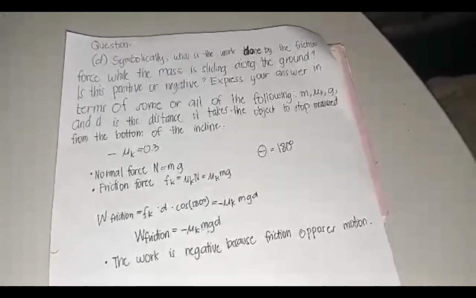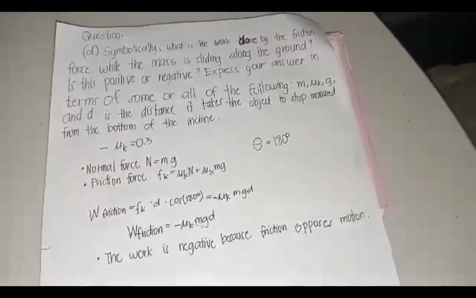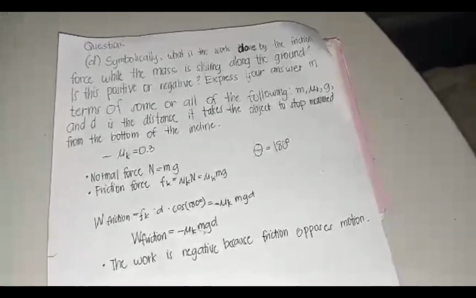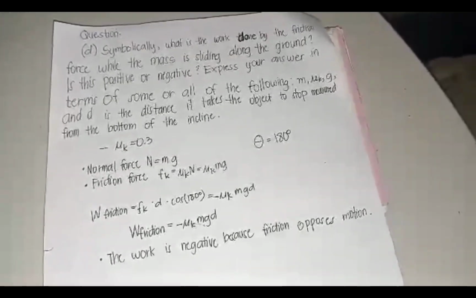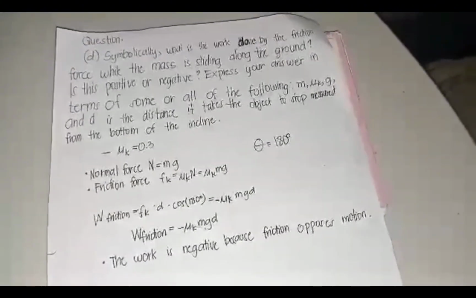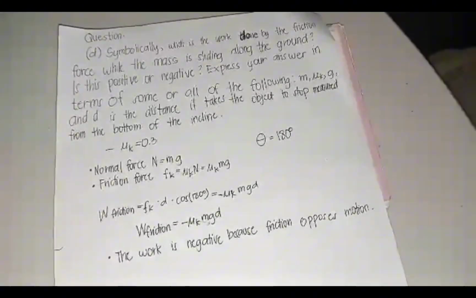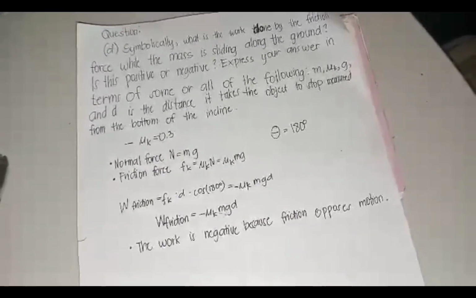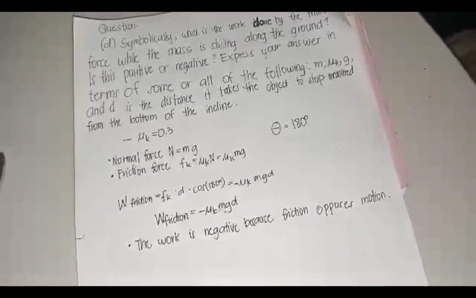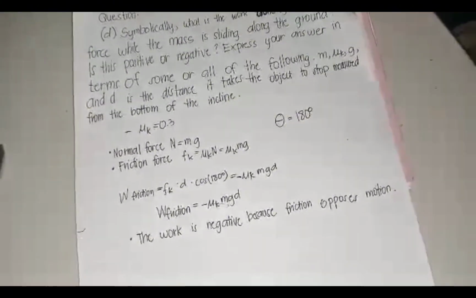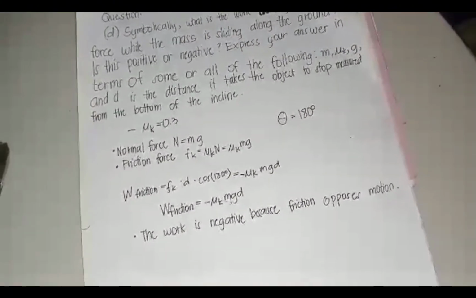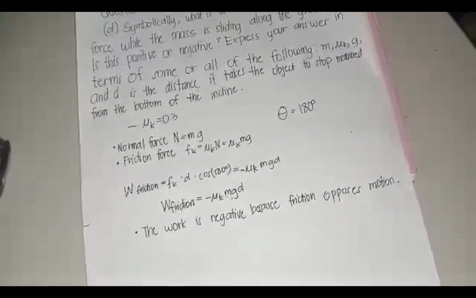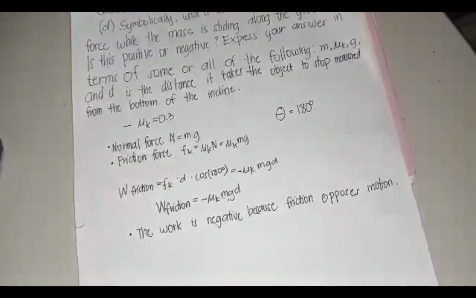When the object is on the rough horizontal surface, the friction force acting on it is just equal to μk times N. And we all know that the normal force, N, is just equal to mg, mass times gravity. That's why the friction force is just equal to μk times m times g.